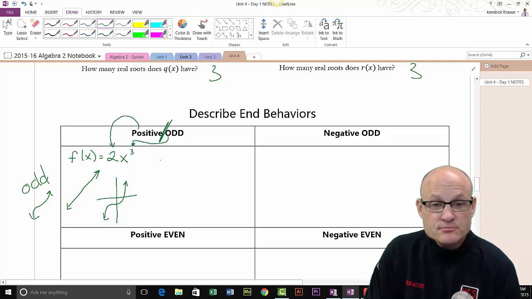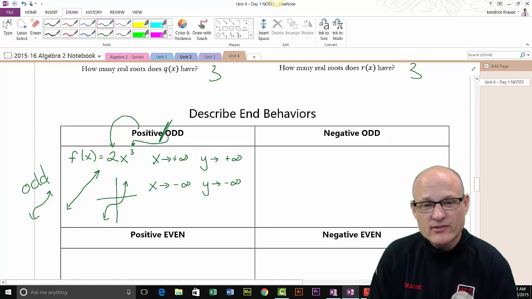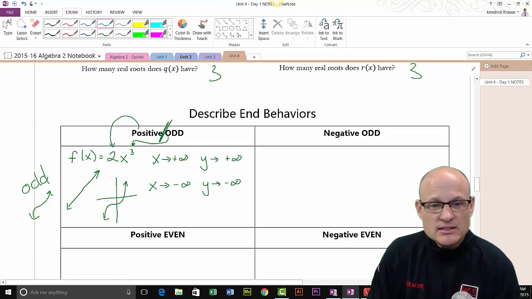So as x goes to positive infinity, y goes to positive infinity. As x goes to negative infinity, y goes to negative infinity. Does that make sense? A little arrow. What they're saying is as x gets larger, y gets larger. As x gets smaller, y gets smaller.